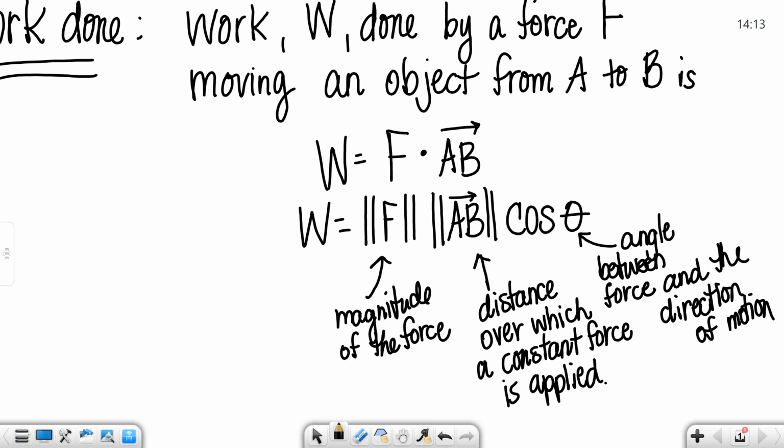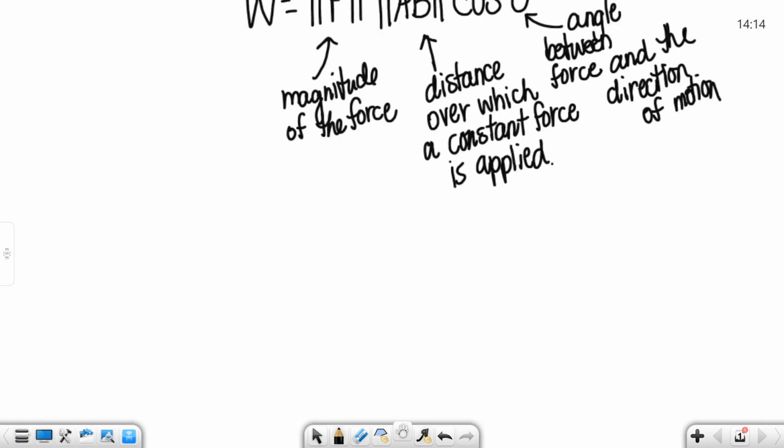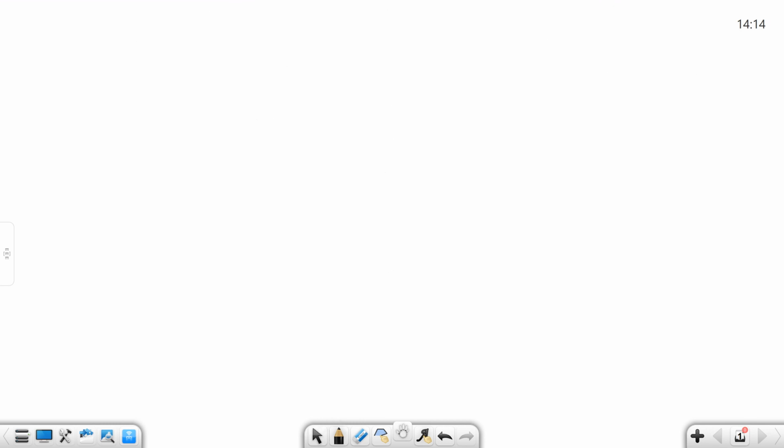Okay, so make sure you jot down that formula. And I'm going to show you how we're going to use it. It's really not going to be difficult. Even if you're not even remotely interested in physics, this is not going to be difficult. So I'll leave that formula where we can see it.